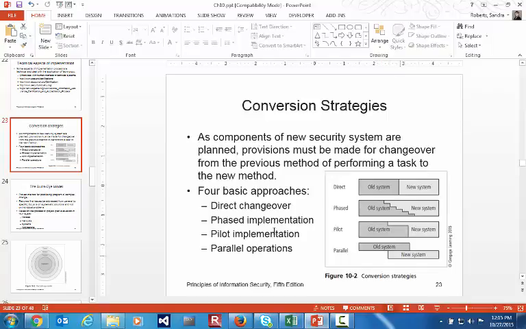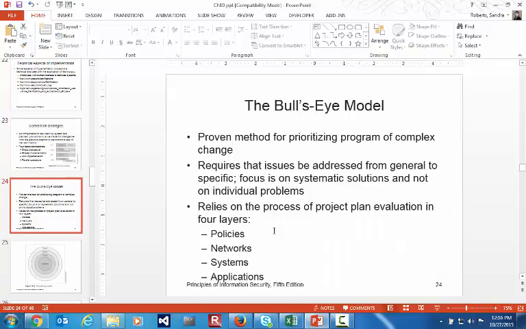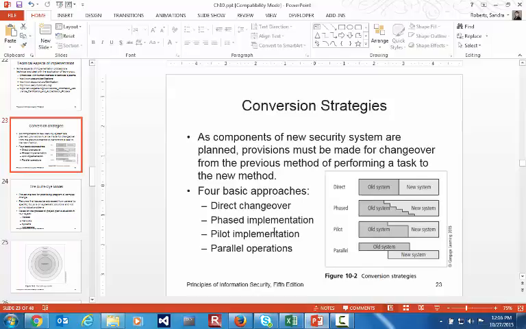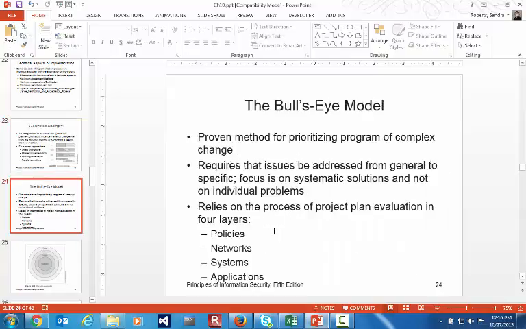This one is called cold turkey, and then a pilot is where the entire security system is put into place in one department, and that's what that's showing you. And then it's spread into the other departments as it goes. Then there's parallel.